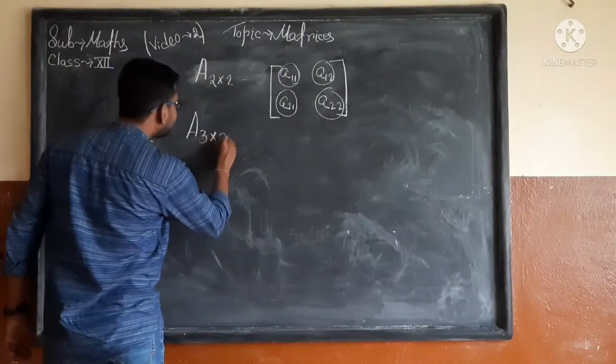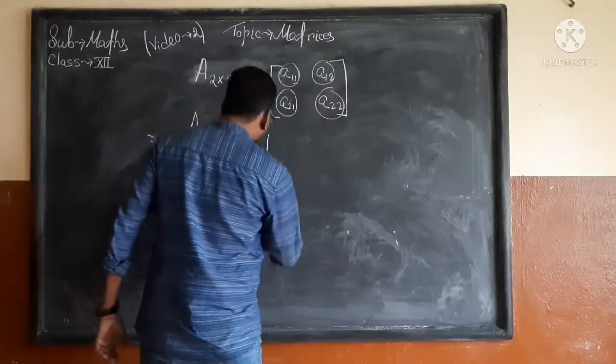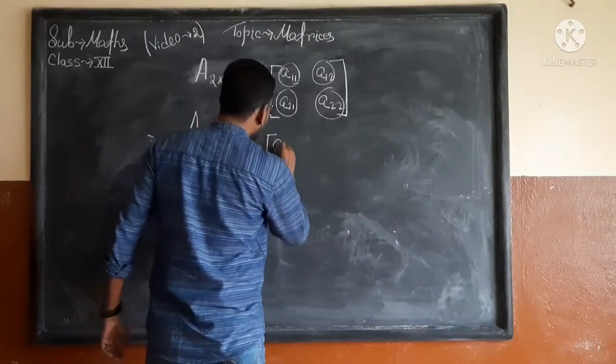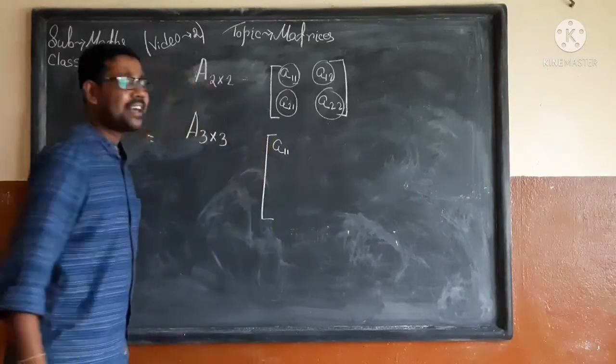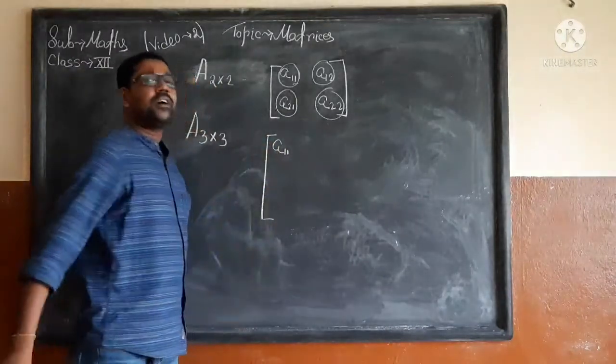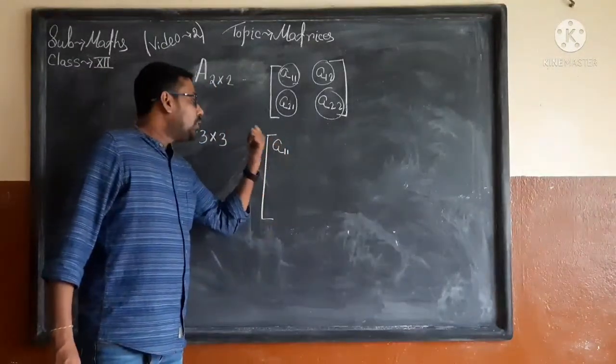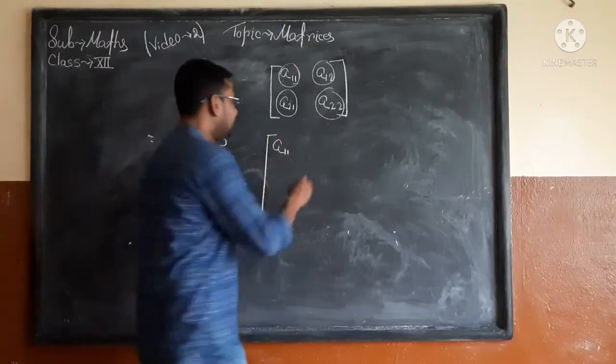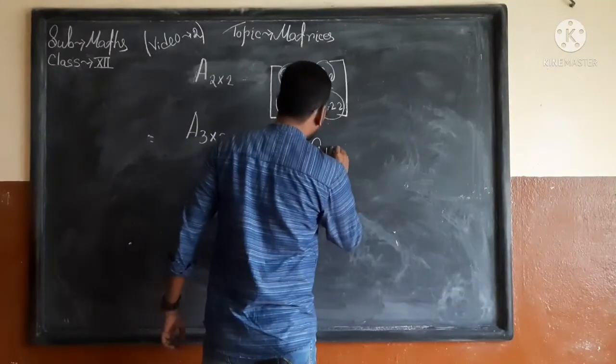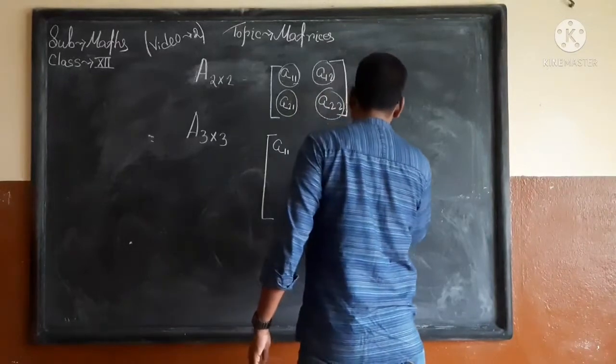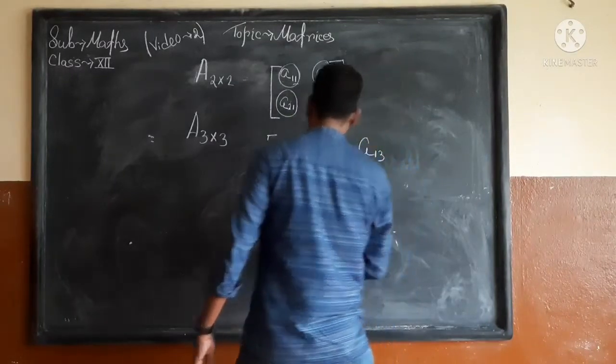This is the general form of any 2 cross 2 matrix. For the 3 cross 3, in the general form, A11 means this element is present in the first row, first column, next first row, second column, next first row, third column.